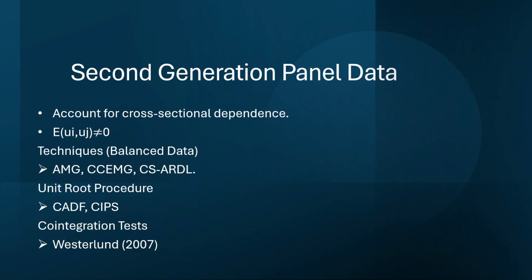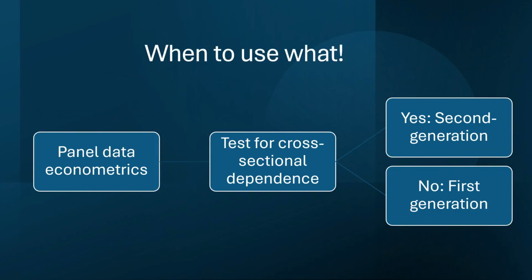For unit roots, it is always best to use the CADF and the CIPS panel unit root tests. For co-integration tests, we could also easily use the Westerlund 2007 test for co-integration. I think the command in Stata is xtwest.